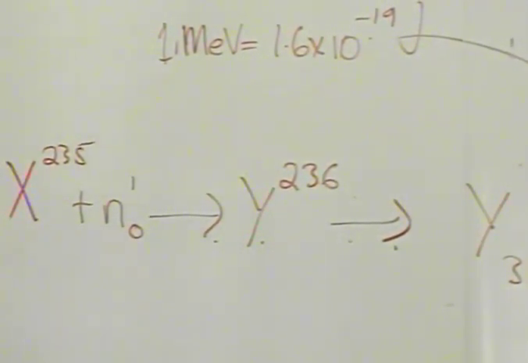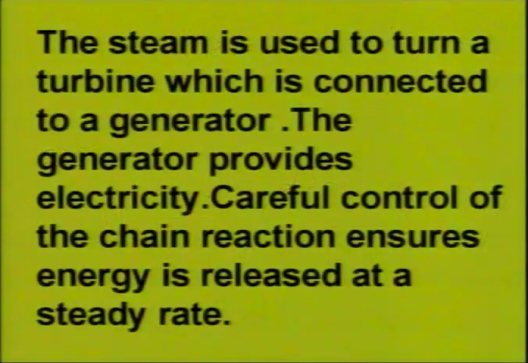Once this heat energy is given off, you'll find that the steam is used to turn a turbine, which is connected to a generator, and this generator will turn to produce electricity. A generator is a device which will convert either heat energy or movement energy into electricity.